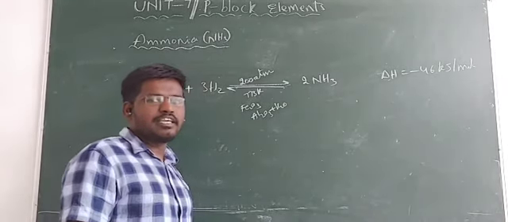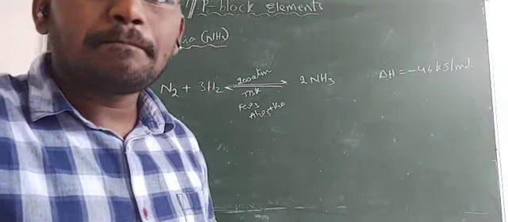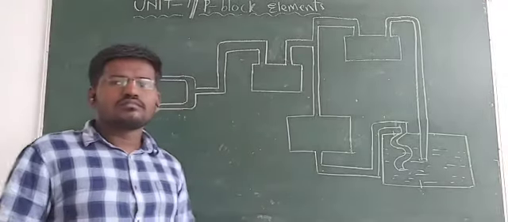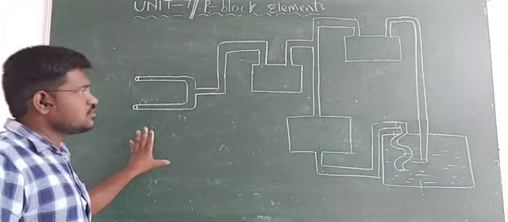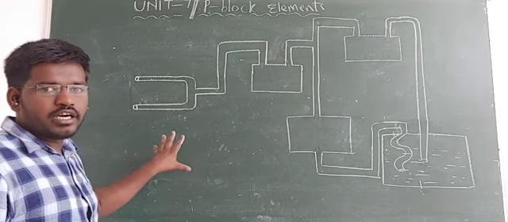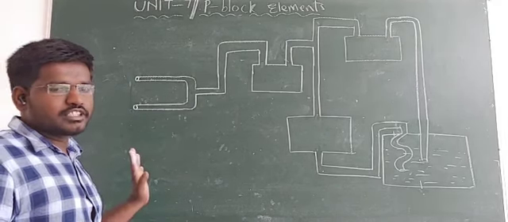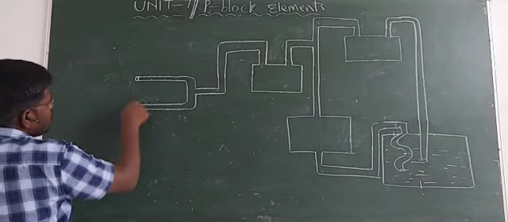Next, let me explain through the flow chart. Let me draw the diagram first. Okay, right guys. This is a flow chart which is useful to understand the preparation of ammonia in the Haber process. In this flow chart, you see we have two inlets.